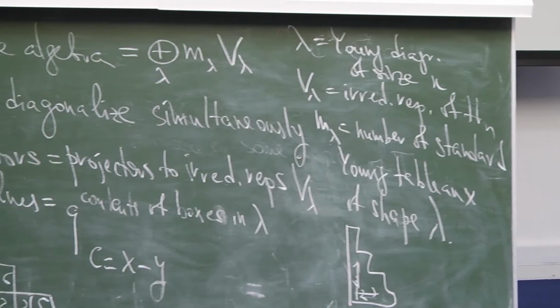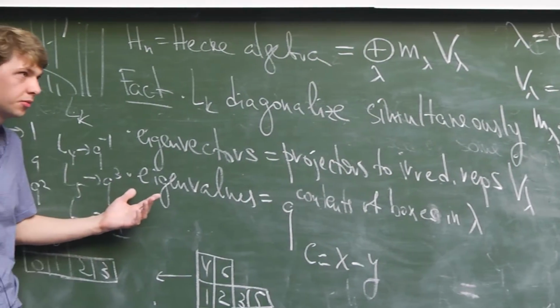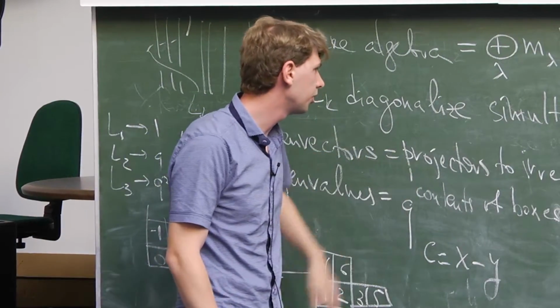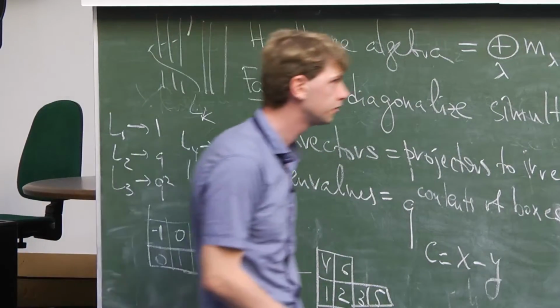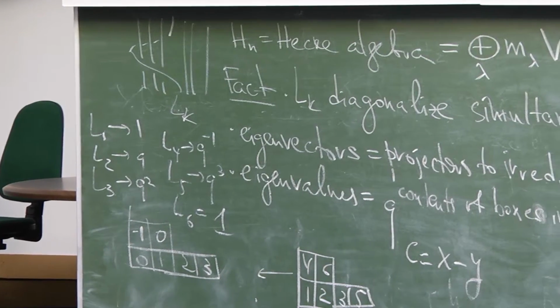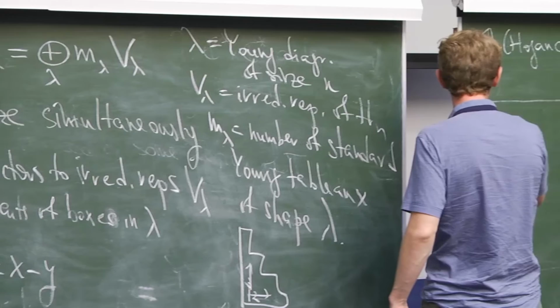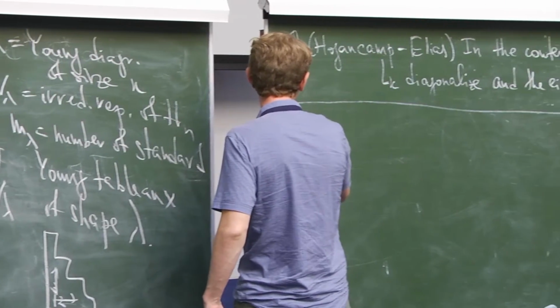So the result will converge to the eigenvector with the highest eigenvalue, or lowest eigenvalue. And this is precisely the projector to the symmetric representation that we see. And here again, it will be some version of this. So how to see all this diagonalization in geometry?